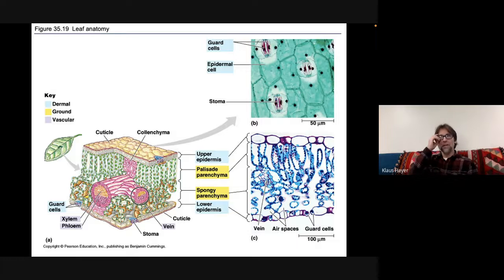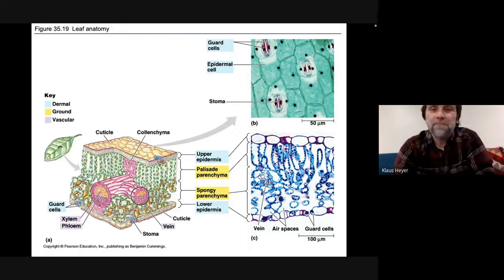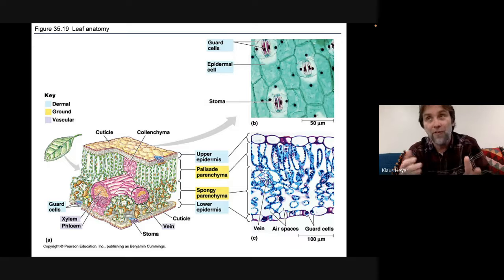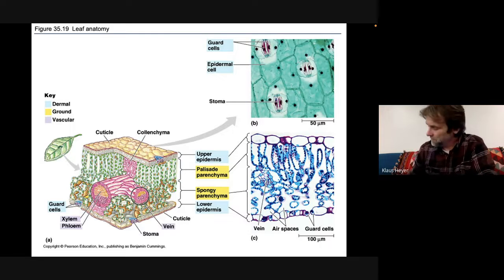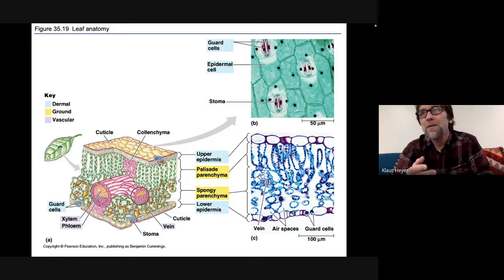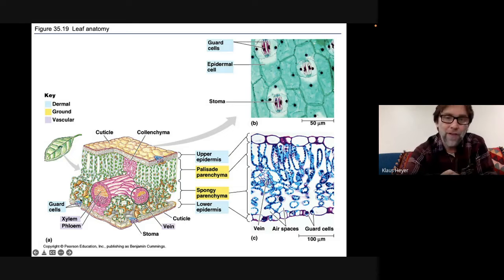I was actually calling them something else in the last class when we were talking about photosynthesis. I was calling them mesophyll cells. I said mesophyll cells are types of cells that have a ton of chloroplasts in them. So that was just me making it more specific.